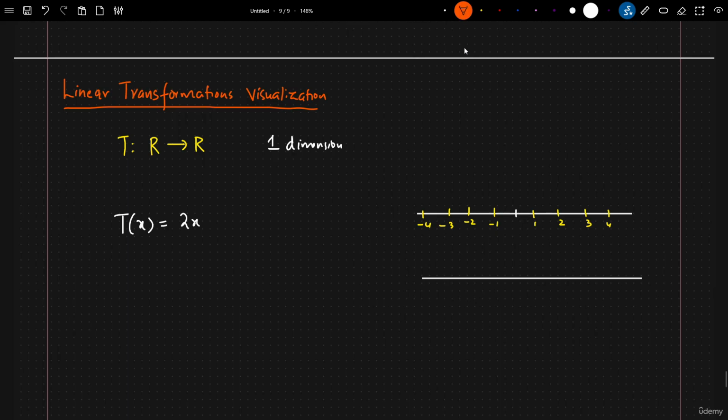All the data points, so let's consider this is 0. For every number over here on my x-axis, if I apply this transformation, what is 0 going to get converted to? 0, right? Because 2 multiplied by 0 will be 0.